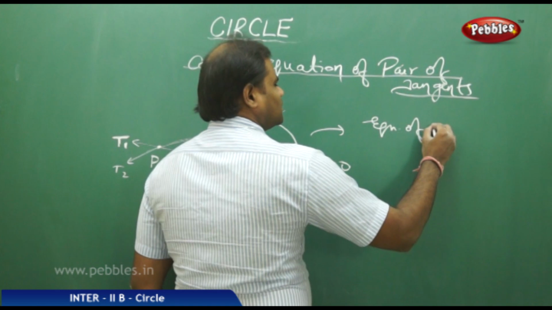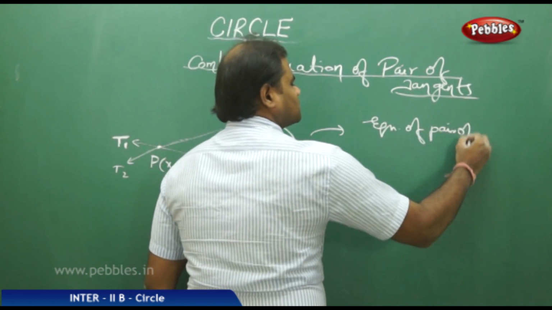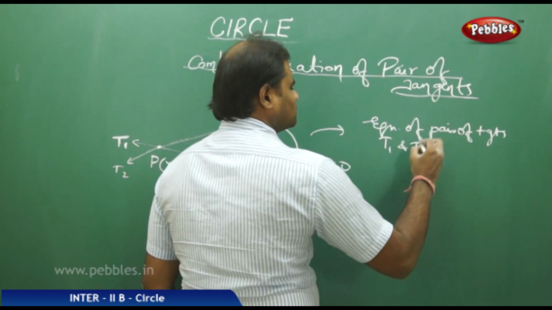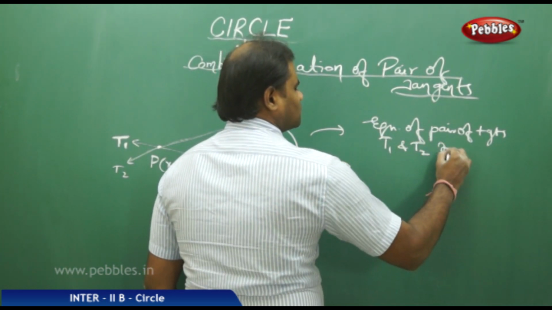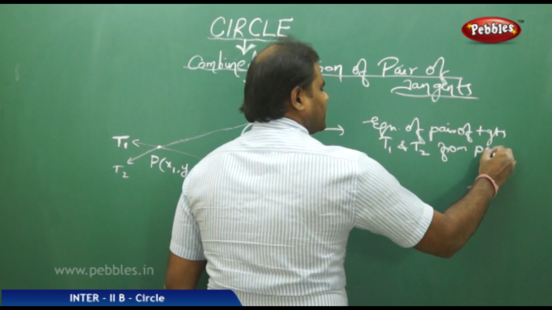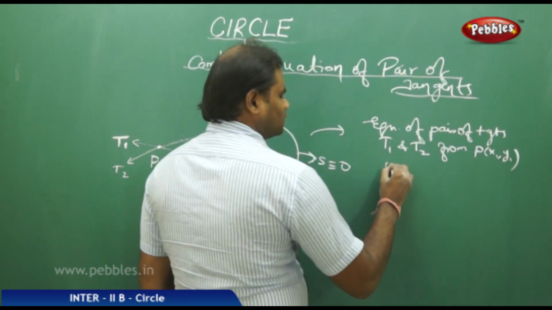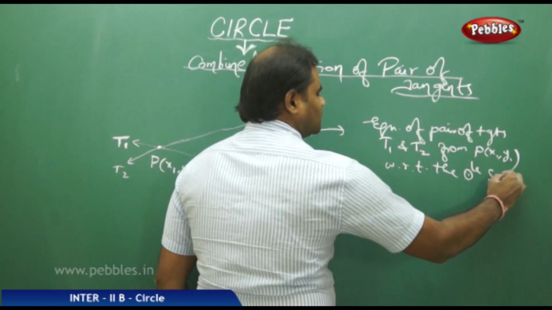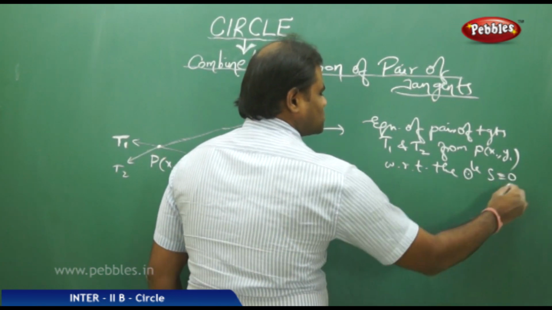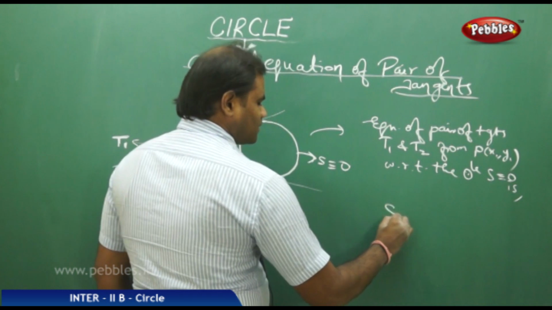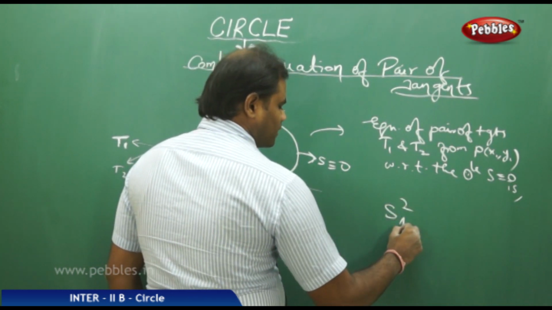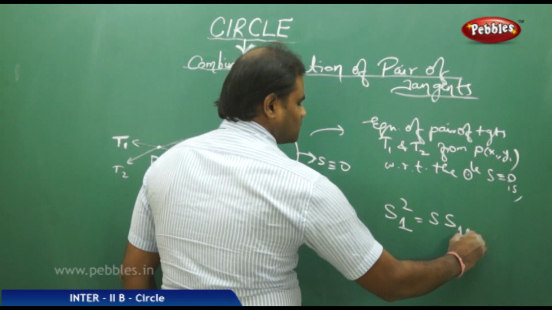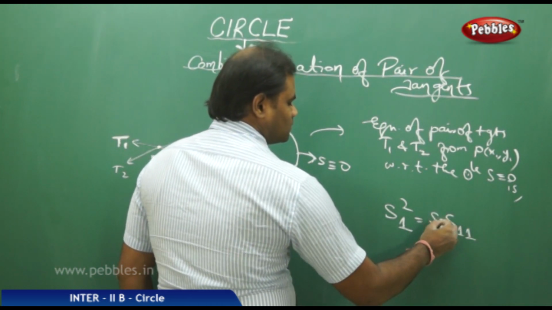The equation of the pair of tangents T1 and T2 from P(x1, y1) with respect to the circle S equal to 0 is given by S1 squared equals S times S11.